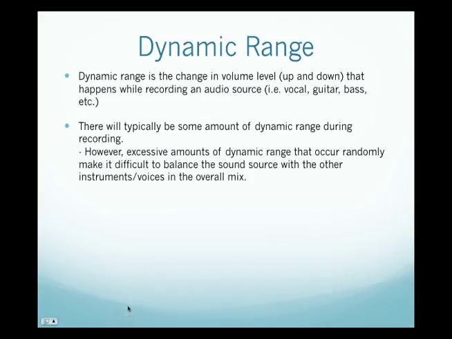Now, there's going to typically be some amount of dynamic range during the recording, but excessive amounts of dynamic range that occur randomly make it difficult to balance the sound source with the other instruments or voices that are in the overall mix. So we have to be careful that there's not too much of that up and down in volume, or else it's hard to place that sound in the mix so that it'll be consistent over time.